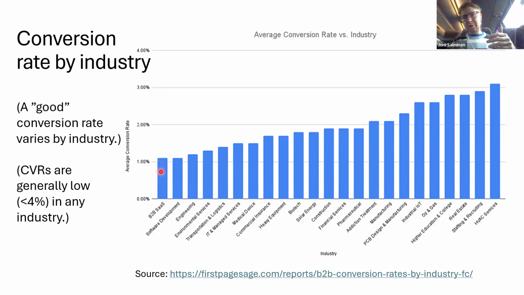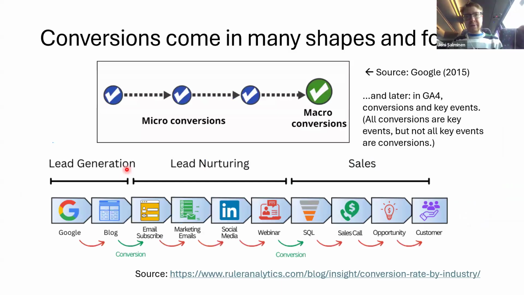Or if we are lower than the average, then we can say that, okay, it seems like conversion is something we really should put effort into, because you cannot make miracles with the conversion rate, you cannot magically bring it to something like 20%. It's not possible. So it's good to know the boundaries of what is a realistic conversion rate in your industry.